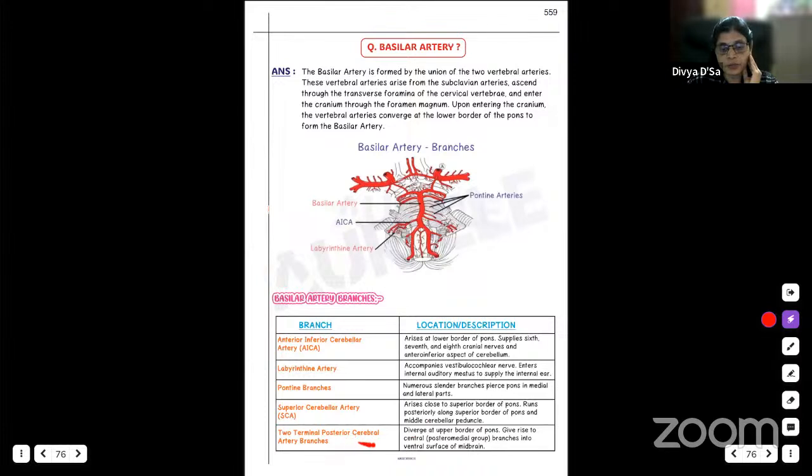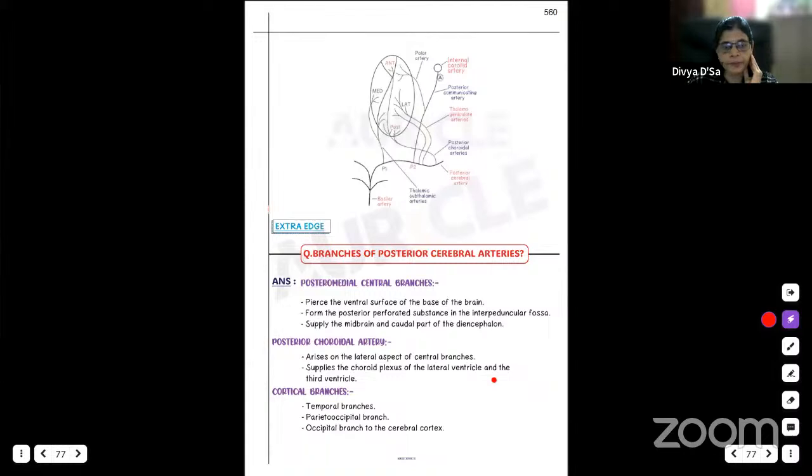Then two terminal posterior cerebral arteries diverge at the upper border of pons, near the midbrain. They give rise to the central or posteromedial group of branches.